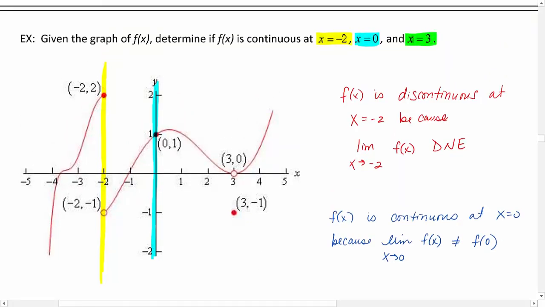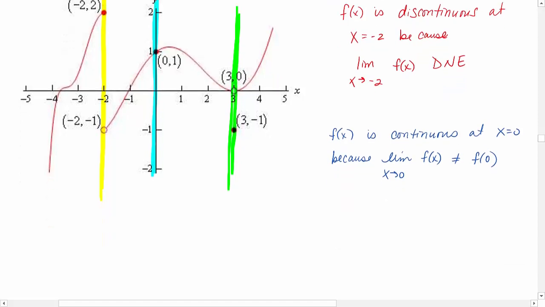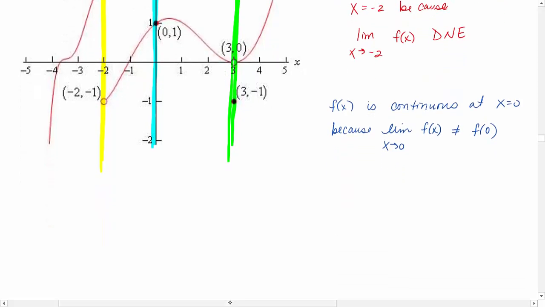Lastly, we want to look at x equals 3. We can already tell that it's not continuous because I have that hole there.